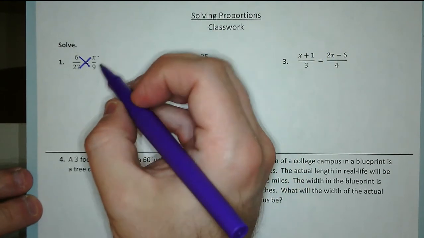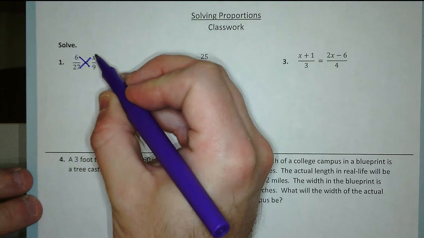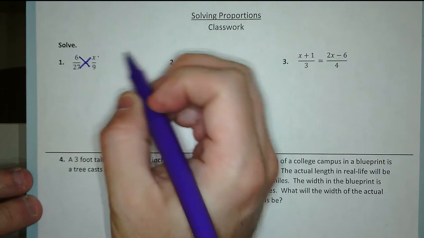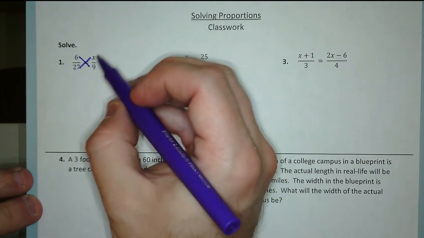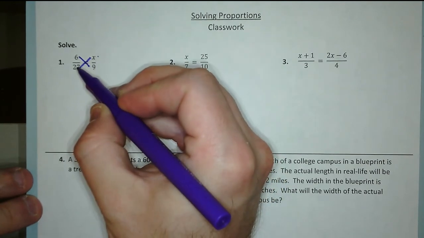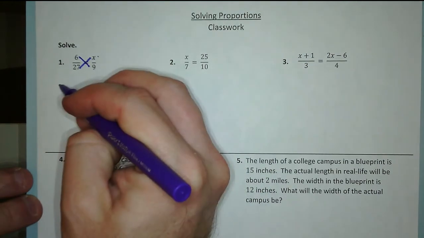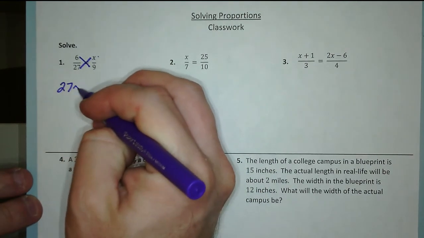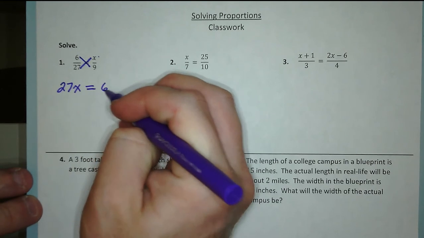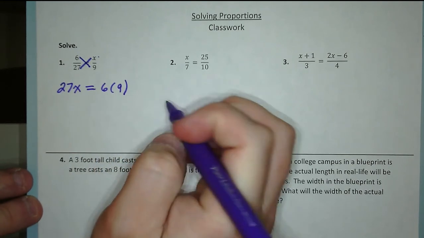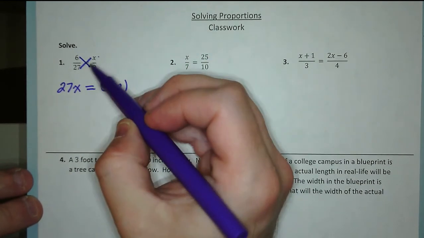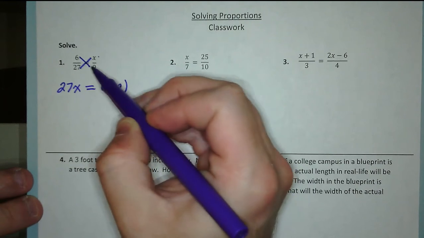Because when I do 27 times x, what's actually happening is we're multiplying both sides by 27. Well, first let me write this out. I'll write the 27x first, and then the 6 times 9. So that's what you get when you cross multiply.